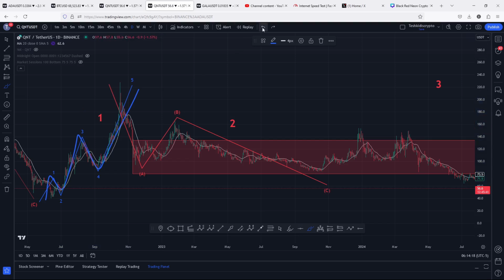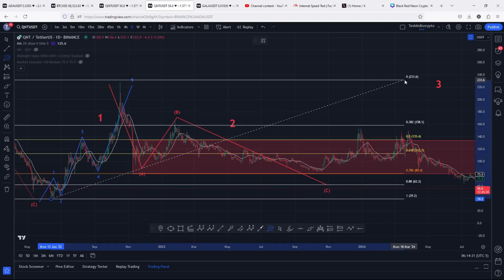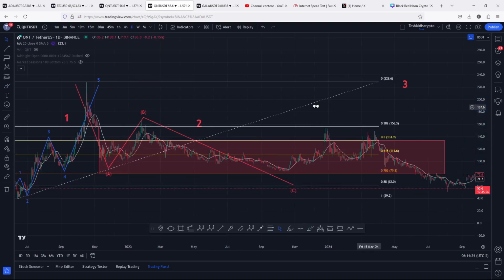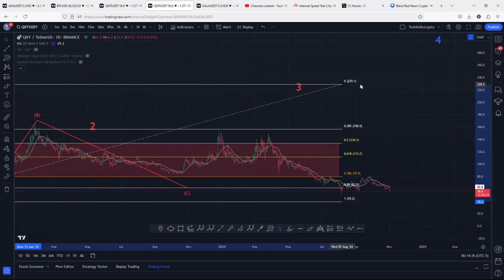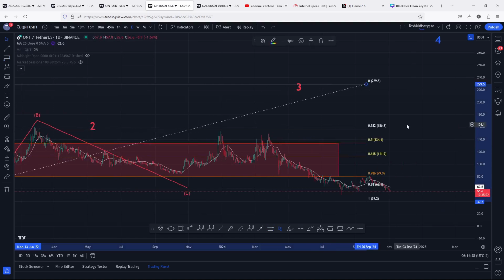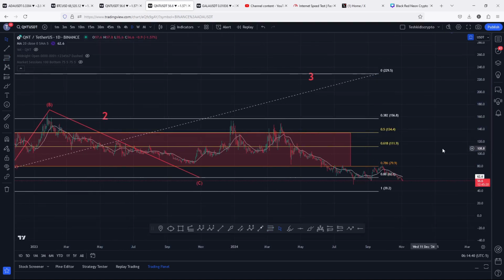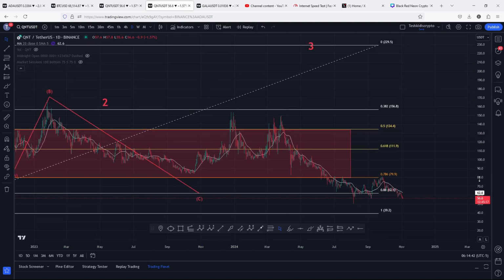Then we started a corrective structure in the formation of a larger additive count 2, whose minimum target areas I gave you by using the Fibonacci's, pulling the fibs from the bear market lows to the highs that we made in that additive count 1, giving me a minimum pullback target area between the fib level 0.5 and the fib level 0.78, an area that we have now fully maximized.